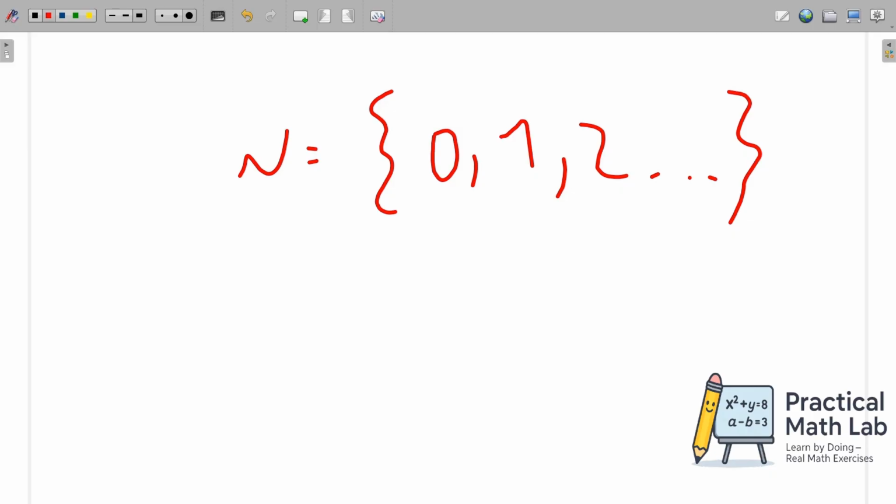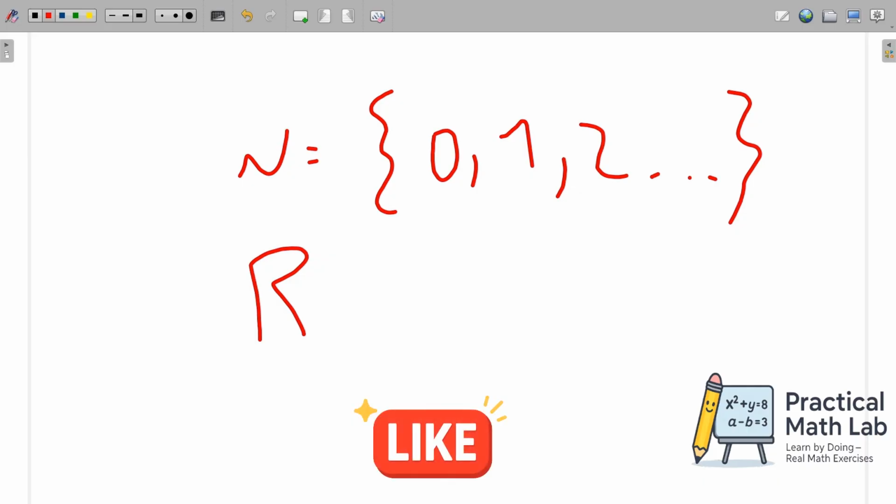It's infinite because it never ends. Cantor showed that there is a smaller infinity, that of the natural numbers, which he called countable infinity. But there's also a larger infinity, the set of real numbers, which includes all decimal numbers, fractions, and rationals.